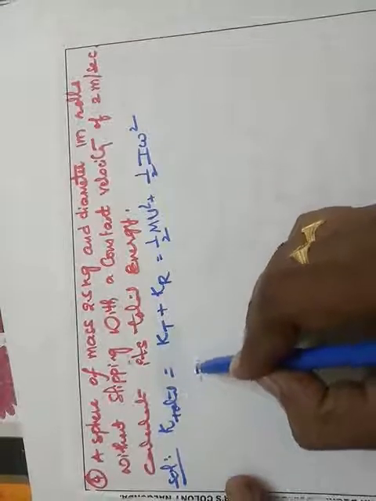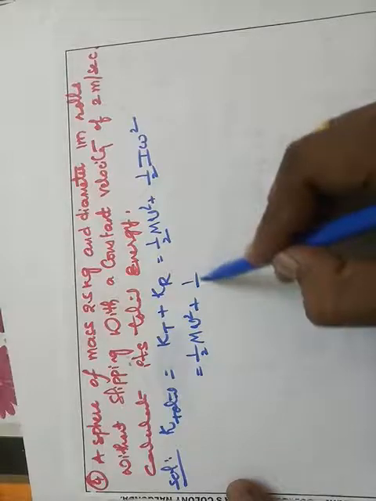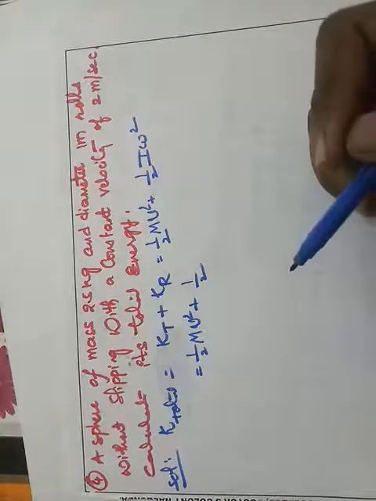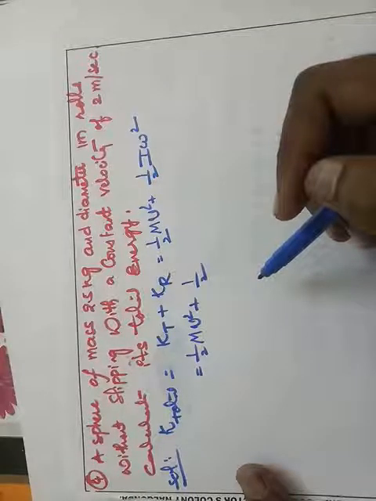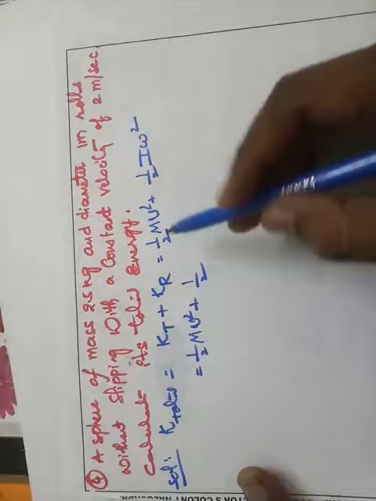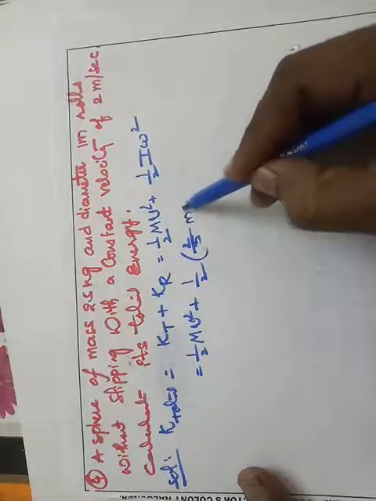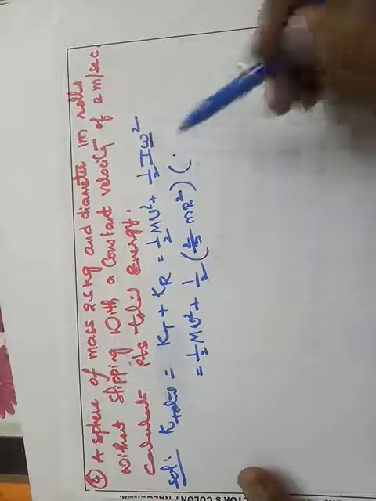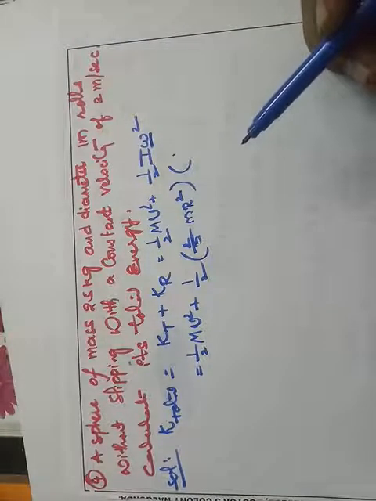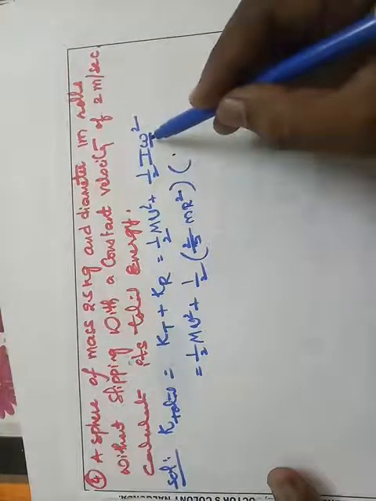So what we get here: 1/2 mv squared plus 1/2 times the inertia of that sphere about the diameter. This can be written as 2/5 mr squared. And omega, angular velocity in terms of linear velocity, can be written as v equals r omega, so omega is equal to v by r.